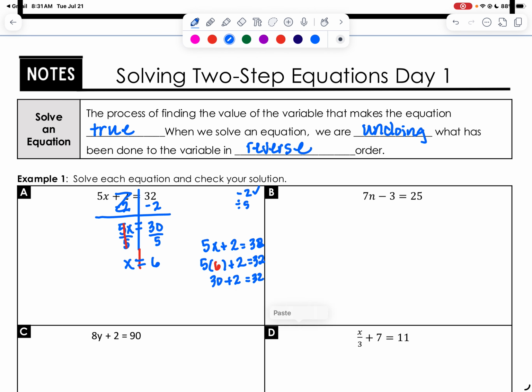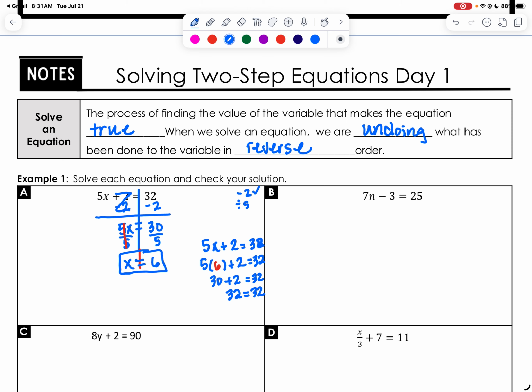So 30 plus 2 is 32. So now the left side is equal to the right side, and I can box my solution in because I know it's true. It's important to check because sometimes you make an arithmetic error and you don't realize it until you get to the check step. So that check step is really important.